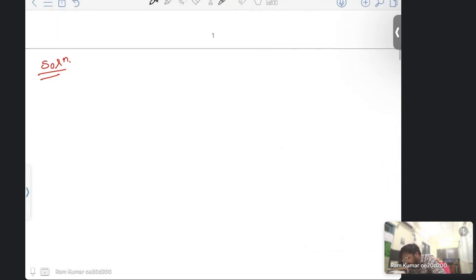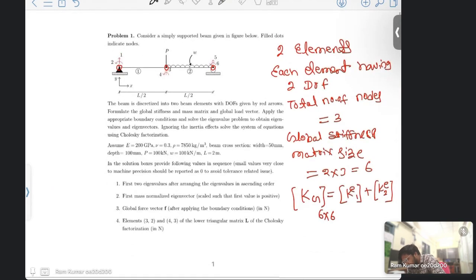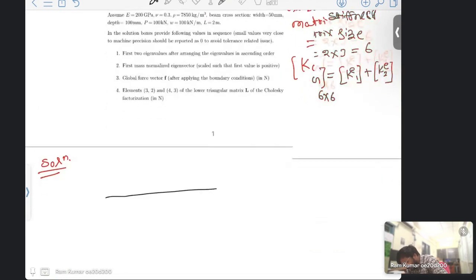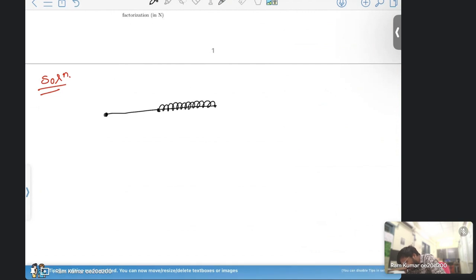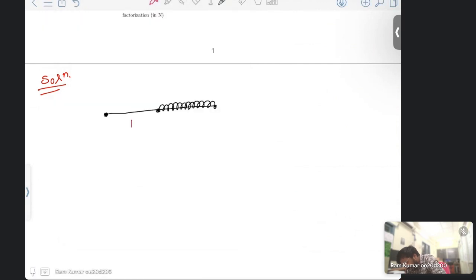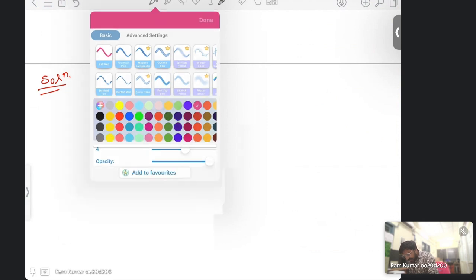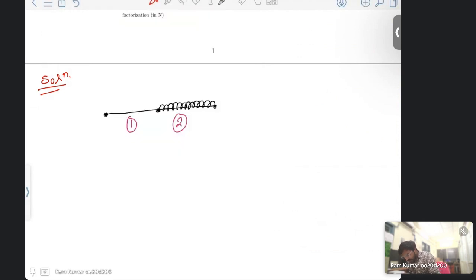So first I will draw this again here. This is our beam. It has node 1, node 2, node 3. This is the distributed load. Element 1, element 2, we are having 2 elements. So these are the nodes, and these are the elements.